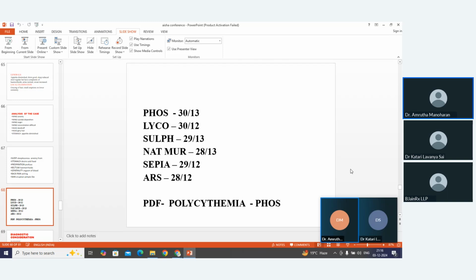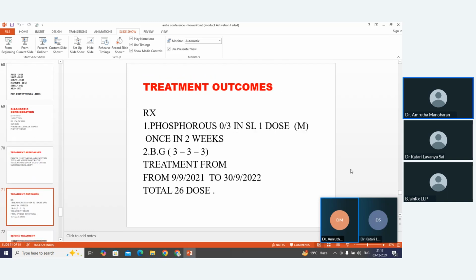After proper case taking, homeopathic medicine was given. Slide number 71. Phosphorus 0 bar 3 was given as a single dose once in 2 weeks along with the BG 333.